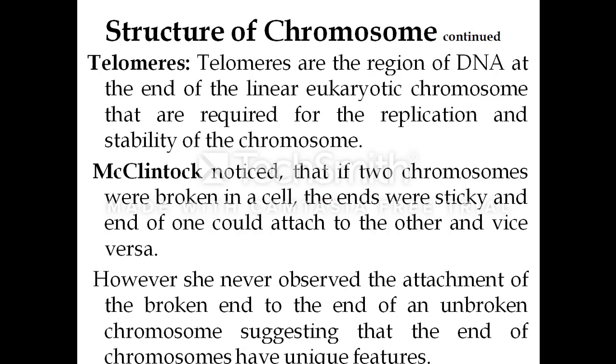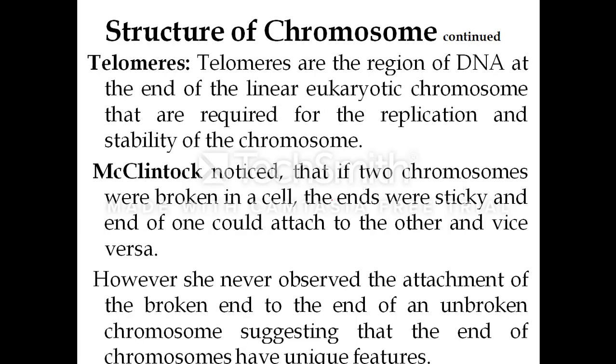McClintock noticed that if two chromosomes were broken in a cell, the ends were sticky, and the end of one could attach to the other and vice versa. She took a cell where she never observed the attachment of a broken end to the end of an unbroken chromosome.